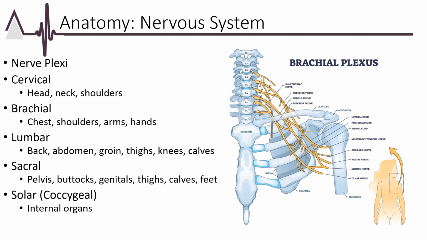The brachial plexus is a complex network of nerves that forms in the neck and extends into the armpit region and into the arm. The term plexus is used because the nerves of the brachial plexus interweave and merge with each other to form a complex network that supplies the upper limb. The nerves of the brachial plexus are responsible for controlling the movements and sensations of the arms, shoulder, and hand.